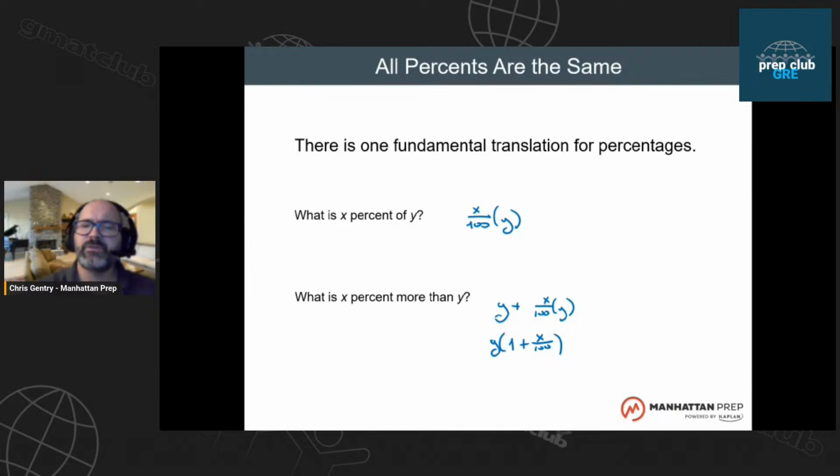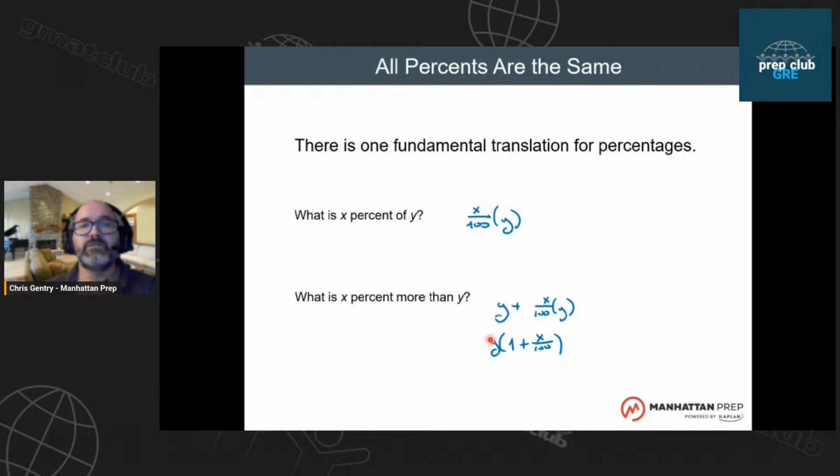This X percent of Y: your Y is your base value, and this percentage is always operating on that base value. So here, it's operating on the Y. It's a translation that we can apply to all percentages. It's always something over 100.